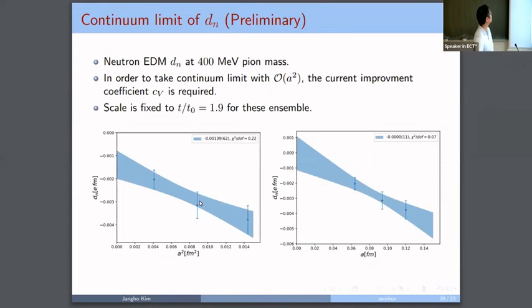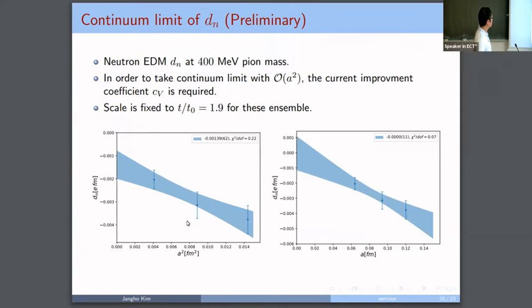Okay, also we did the continuum limit for dn for 3 ensembles. And still we didn't do this current improvement. So here I show 2 plots.